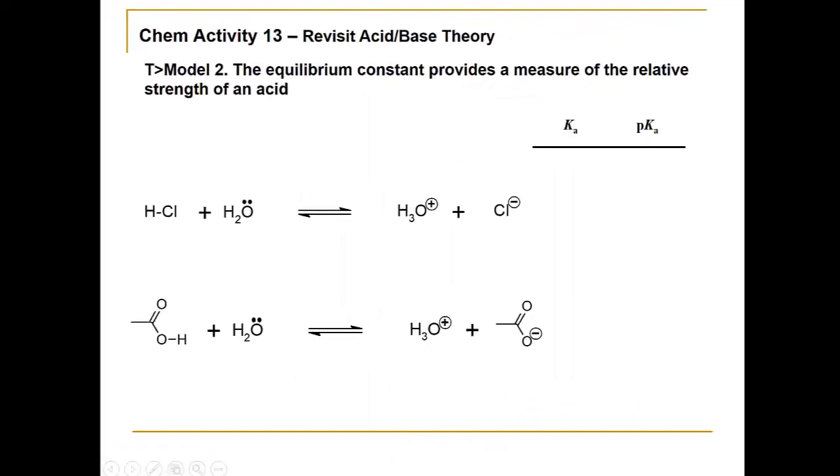Here I'd like to review a little bit thinking about Ka and pKa. So I have two representative reactions of acids reacting with water. Perhaps you remember hydrochloric acid as being a strong acid, and as such you know that its reaction more or less goes 100%.